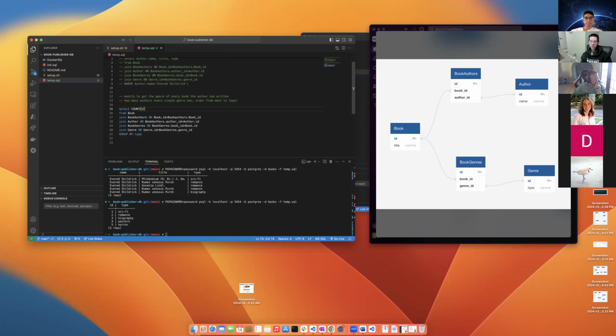Can we just put a star? It'll be the same, right? It'll just be the number of rows. I think so. I got 150 when I ran it.